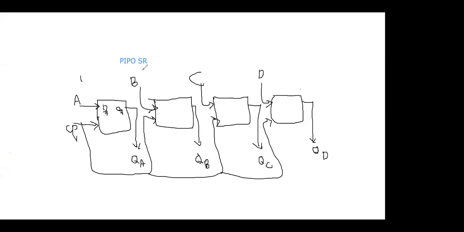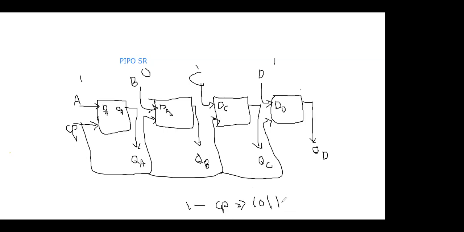If you are applying 1011 as the data, then this 1011 data goes to DA, DB, DC, and DD. Then when we apply a single clock pulse, this 1011 comes directly to QA, QB, QC, QD. So our output becomes 1011.